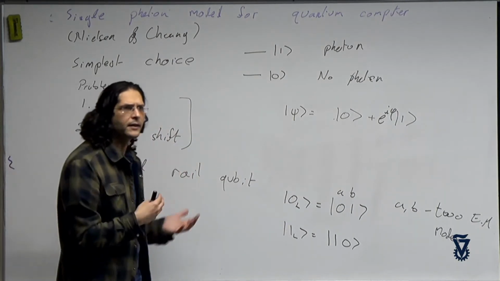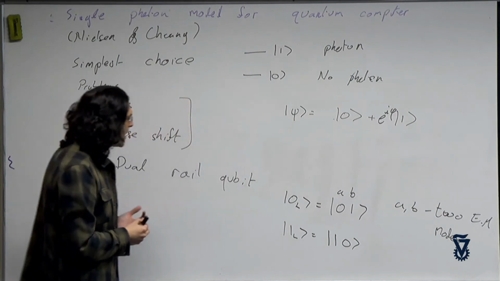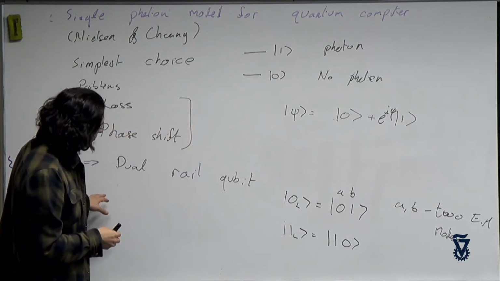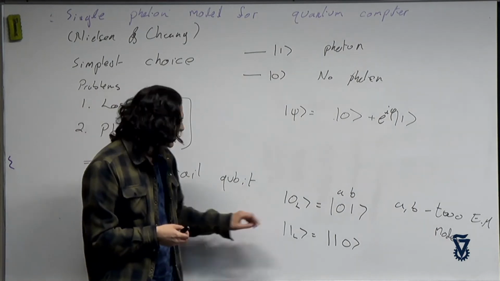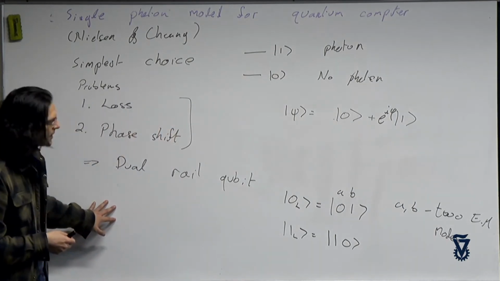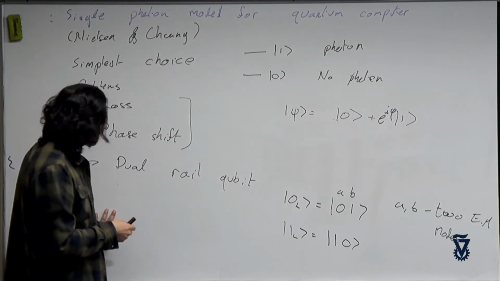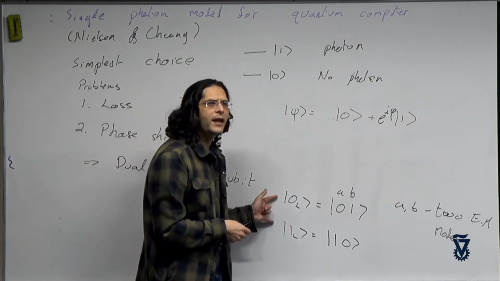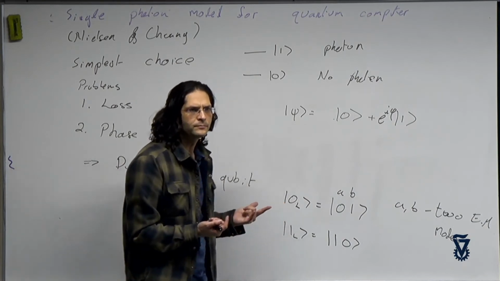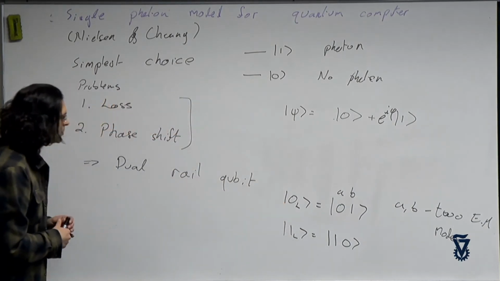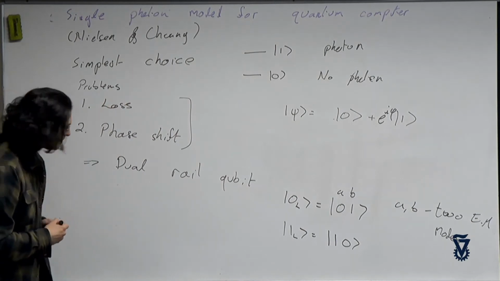You can handle it in ways. But a nicer model is to use this thing, because I'm going to show it explicitly on the board in just a second. When these two things propagate in time, they're going to be picking up the same phase. So you won't get this phase shift.